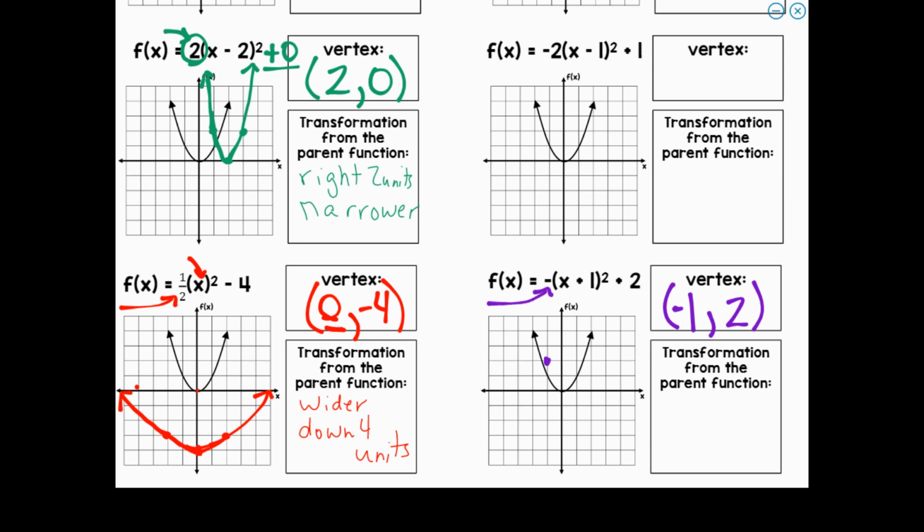What does this do to it, Mason? What does that negative sign out front do? Go down or something? Instead of opening upward, it's going to open downward. So it's still going to have that same curve as the original one, the parent function.